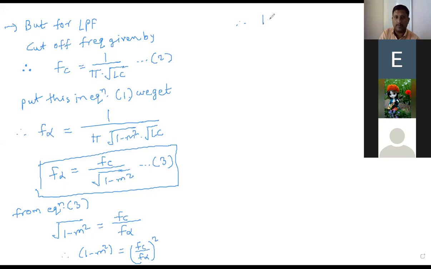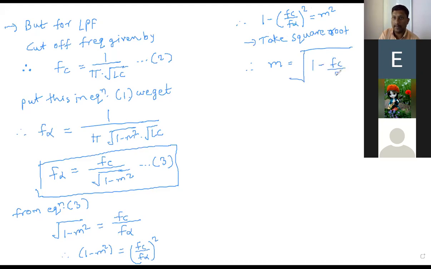So it becomes 1 minus FC by F alpha bracket square is equal to m square. Again, take the square root on both sides. So you can get m is equal to under root 1 minus FC divided by F alpha bracket square. So this is the final expression to calculate the m value. This is equation number 4.